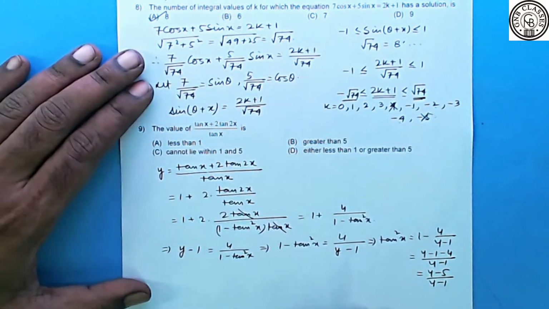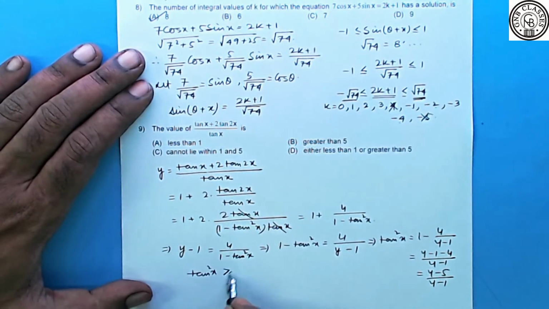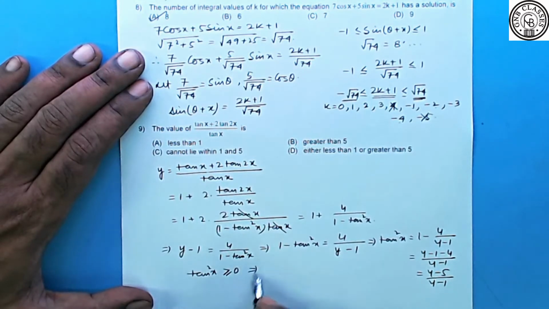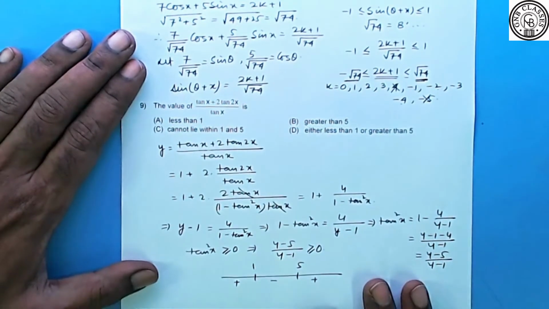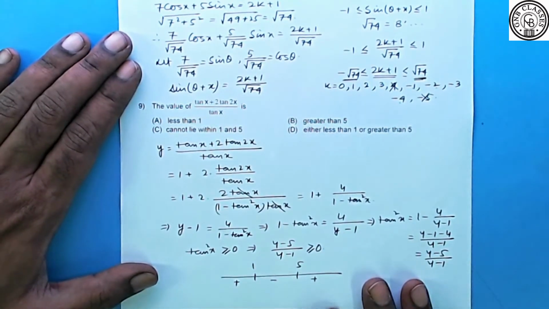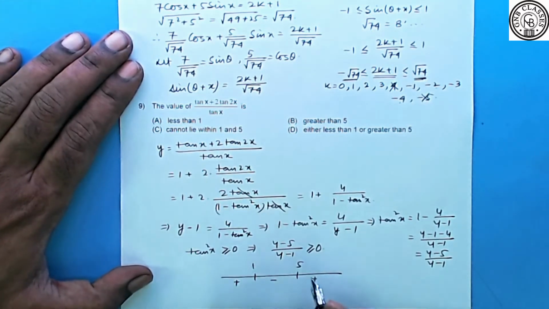Is it clear? Now, tan square x, as we all know, is always greater than or equal to 0. It implies y minus 5 by y minus 1 is greater than or equal to 0. So, if we put it on a number line, those who are not comfortable with this number line system, I have given the link in the description box. Please check my videos on inequations.